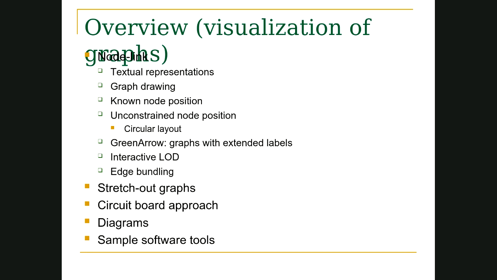Then we'll look at diagrams. Basically, the last two, when we move to diagrams, we're going to look at relations that are not binary anymore, relations that have more than two elements in them.